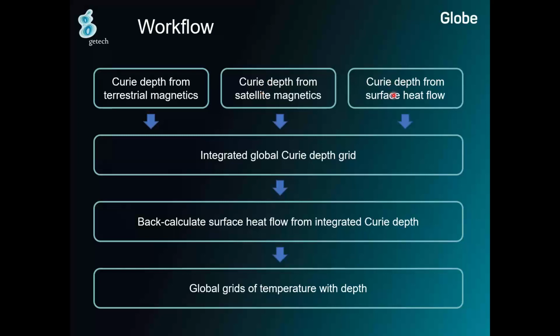From all of these we can estimate the Curie temperature depth and produce an integrated Curie depth grid. From this we can back calculate the heat flow through the crust, and we can also calculate the temperature through the crust and produce grids of temperature with depth.